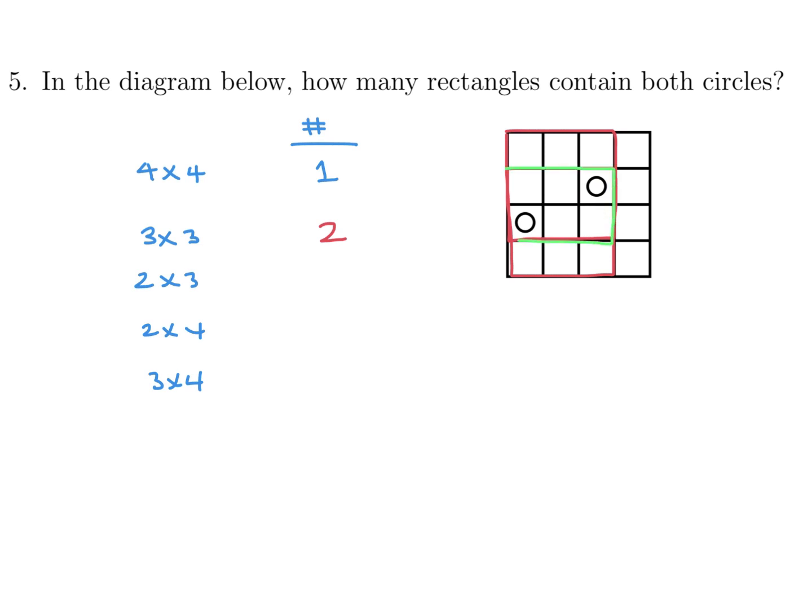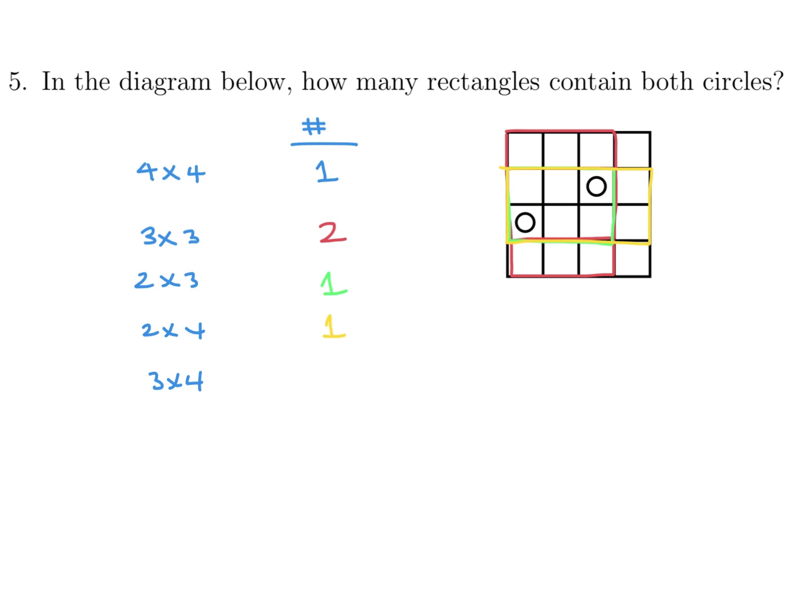Just this guy. Yeah, that's it. And then 2x4, let's see here. 2x4, I think just this one. And then 3x4, I'm pretty sure that one has a few, actually.